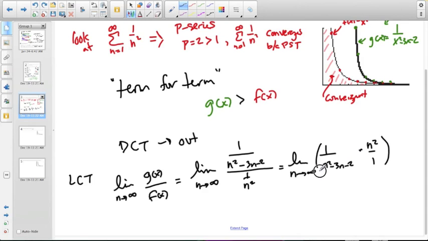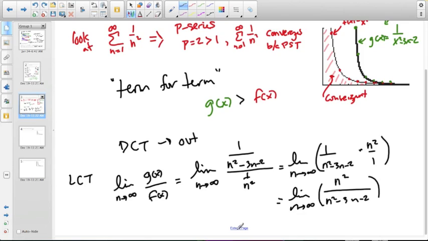Just take the reciprocal and multiply. And so if we go ahead and multiply through, we've got the limit as n goes to infinity of n squared over n squared minus 3n minus 2.